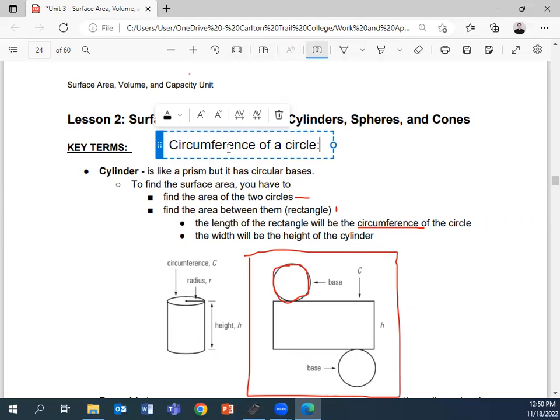We need to find the circumference of the circle. What the heck is a circumference? The circumference, remember, this is height, right? The circumference is the distance the circle goes around, right?